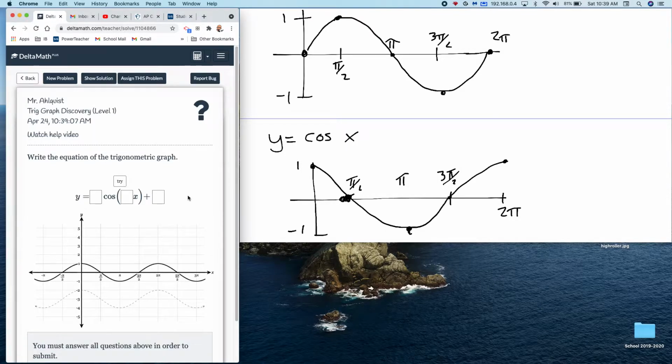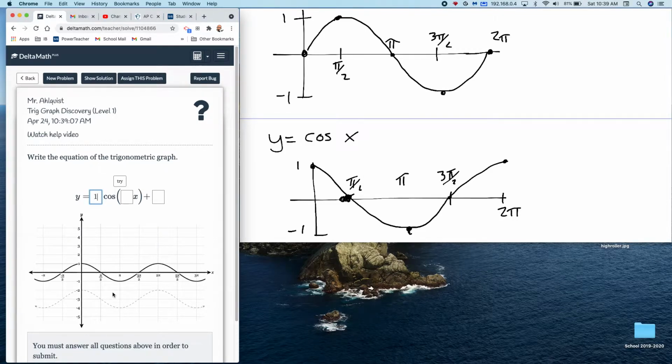We did these before, where you're adjusting this. This is the amplitude, how high up. So notice, I could come up with this amplitude. So this goes from -4 to -2. That's a span of 2, which means the amplitude is just 1. And you can come up with the period. Notice this is a cosine graph. This is the parent cosine graph. So I know I could put in 1 here.